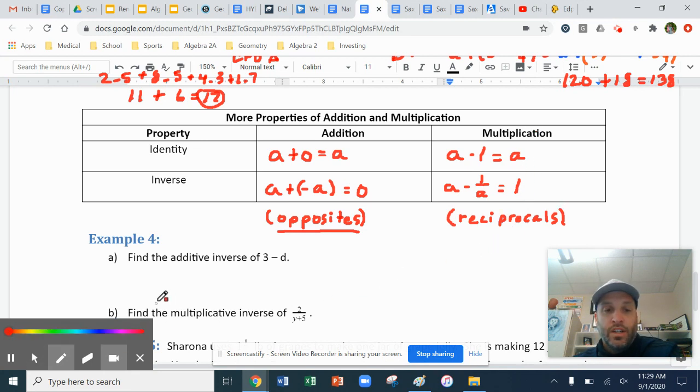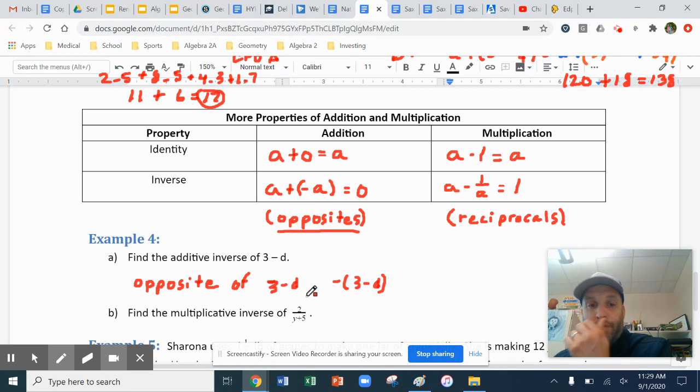So we will now take a look at example 4 and practice those two ideas. First, when I'm looking for the additive inverse of 3 minus d, I am looking for the opposite of 3 minus d. And I'm going to put a negative out in front of 3 minus d. Now this negative can be treated like a negative 1. It's going to make both these numbers in here their opposites.